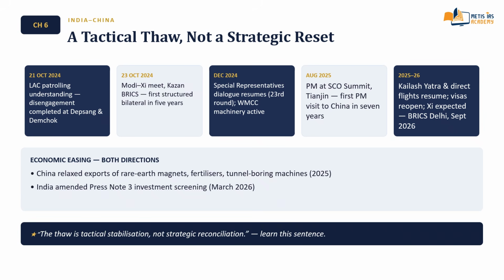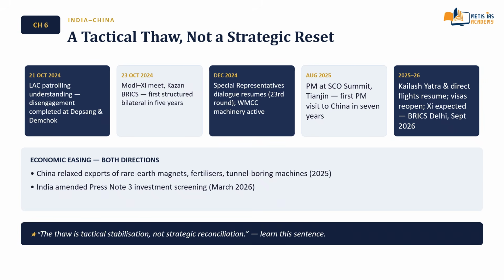This cooperation contributes to peace and stability in India's northeast and strengthens mutual confidence. So notice something here. Regional security today depends not only on military strength, but also on intelligence sharing, border management, institutional cooperation, and trust.